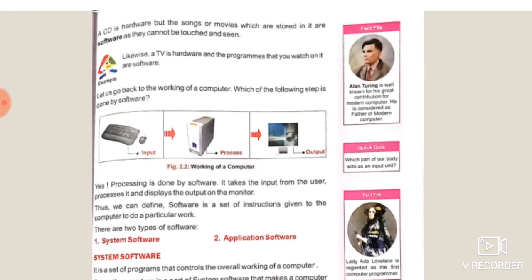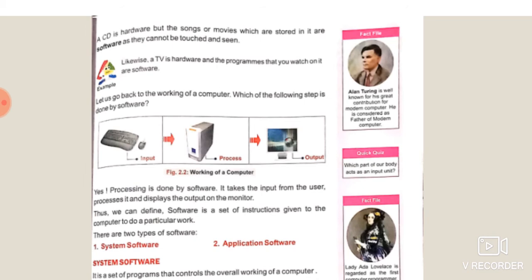Now see another example. Right now we have talked about a CD. It's a storage device, it's hardware. But the information, like the song or the movie saved inside the CD, can we see or touch that movie?